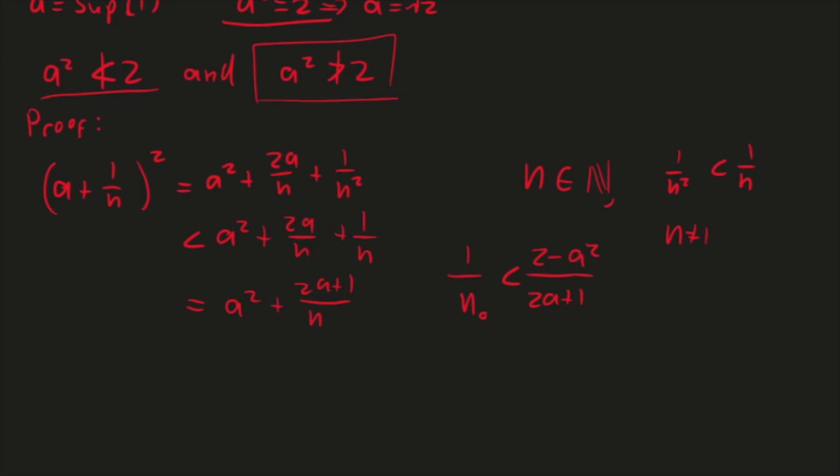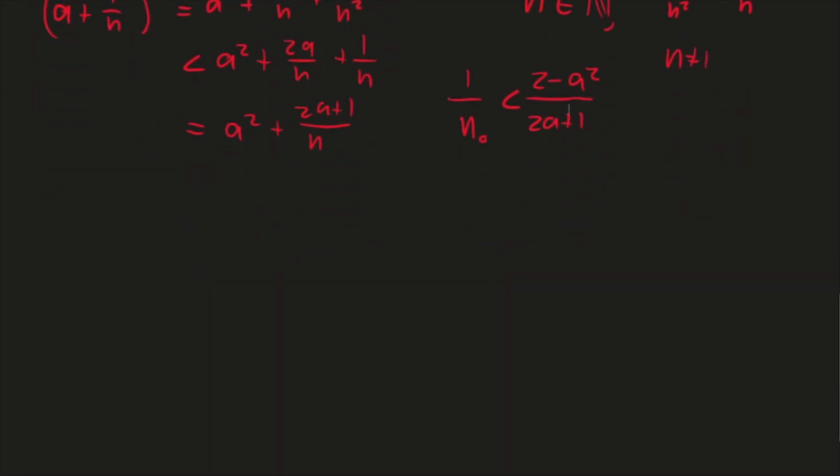Okay, so now we have (a plus 1 over n naught) squared is less than a squared plus (2a plus 1) over n naught. Well, this n here becomes an n naught, so we can substitute that in: 2a plus 1 times (2 minus a squared) over (2a plus 1).